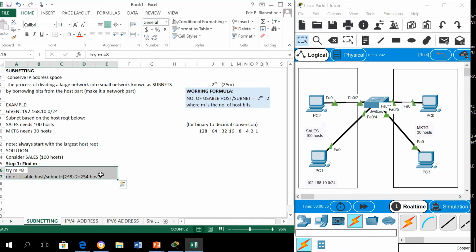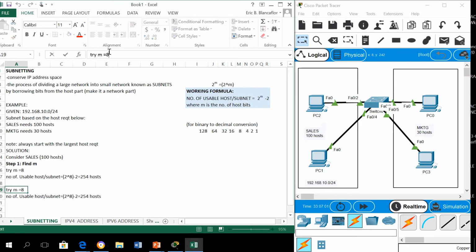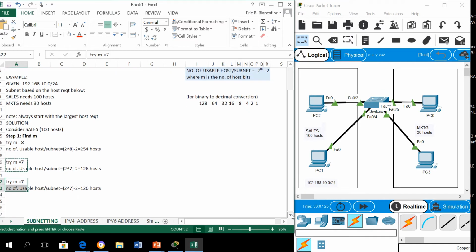Let's try 7. If M is 7, this will be 2 raised to 7, and 2 raised to 7 is 128, minus 2, that's 126 hosts. Then let's try M equal to 6.